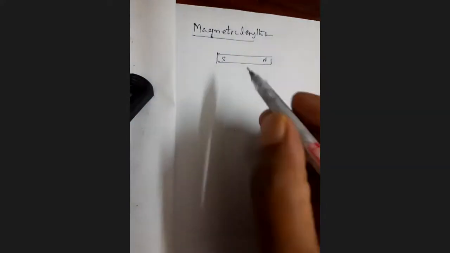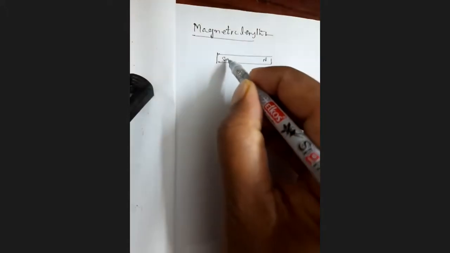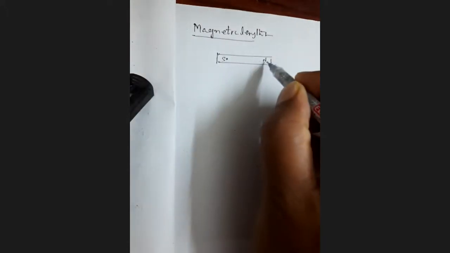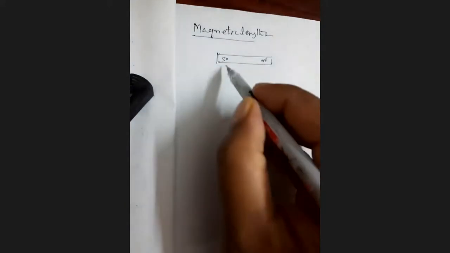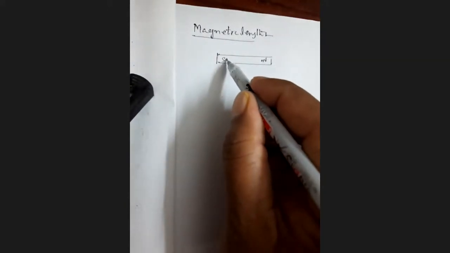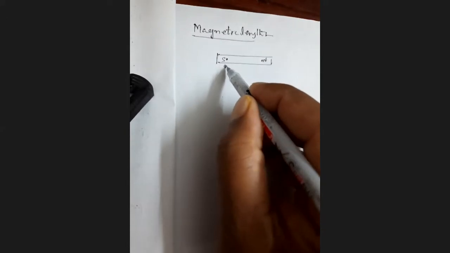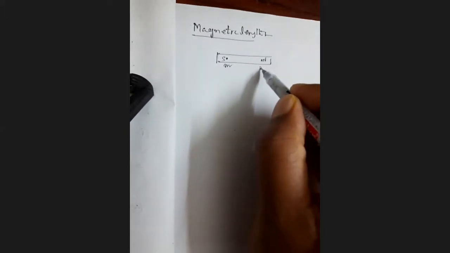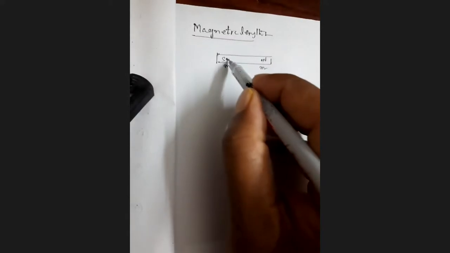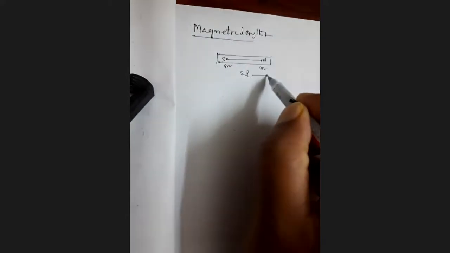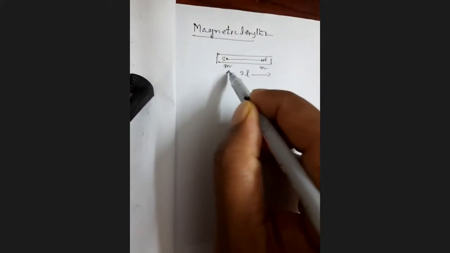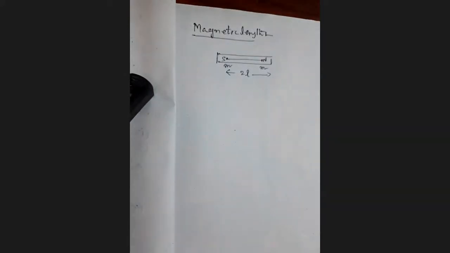If you observe keenly, the magnetic poles exist just below the ends, not exactly at the ends. So this is the south pole M, this is the north pole small m. The distance between these two magnetic poles is called magnetic length. Generally, it is denoted as 2L.